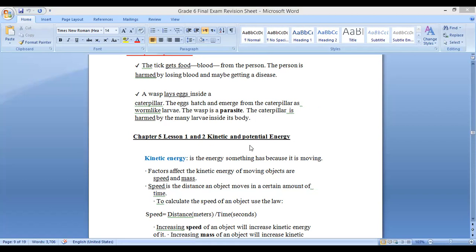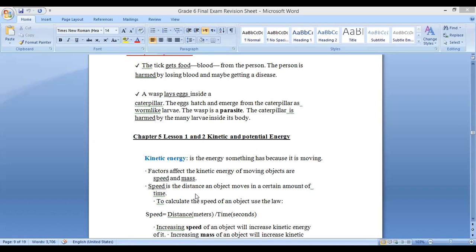What are these factors? Speed and mass. What do you think about speed and mass? If you have more speed, what is the relation between the speed and kinetic energy? Do you have more kinetic energy or less kinetic energy?